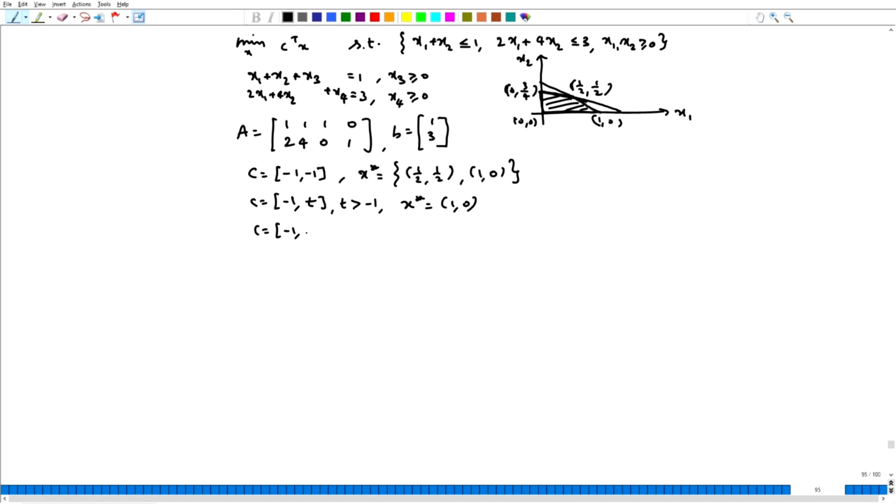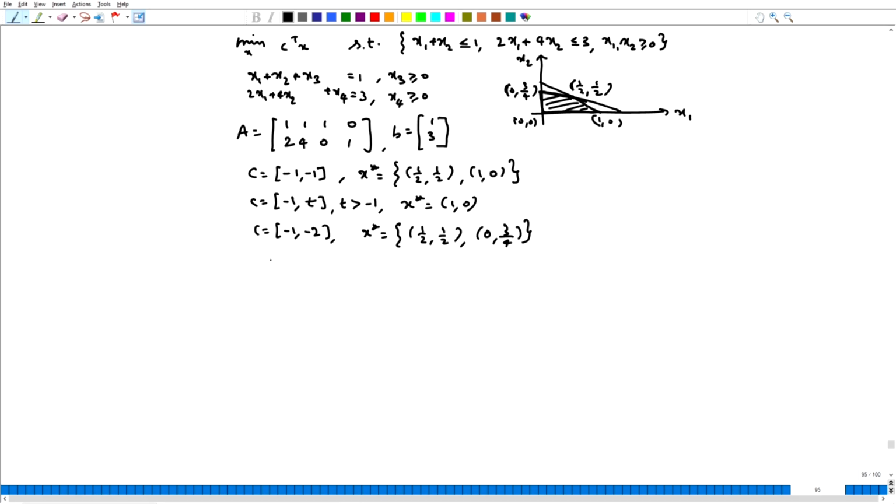Another thing I should mention is, let me put minus 2. In this case you can see that you have minus 3 by 2 here, and here as well it is minus 3 by 2. So it is all of the line segment joining 0 comma 3 by 4 and half comma half, all points are minimizers, but if you consider only the vertices, it is half comma half and 0 comma 3 by 4.